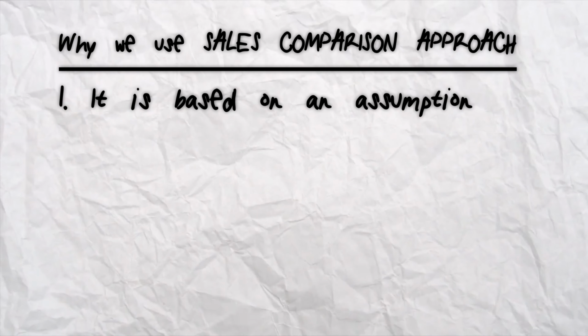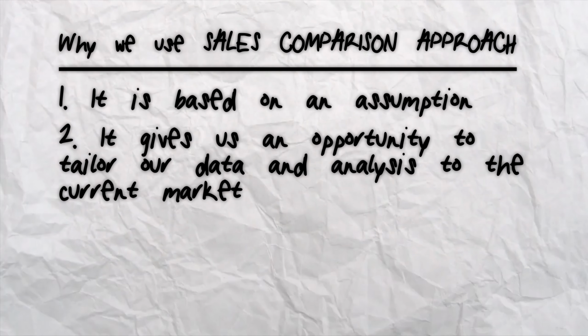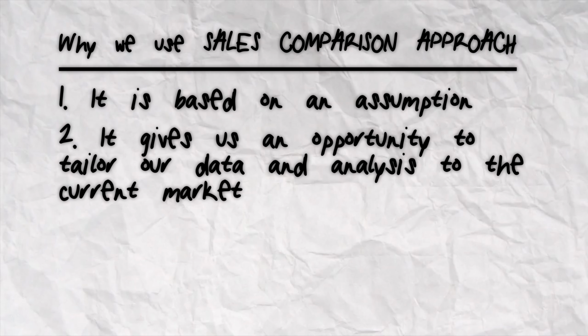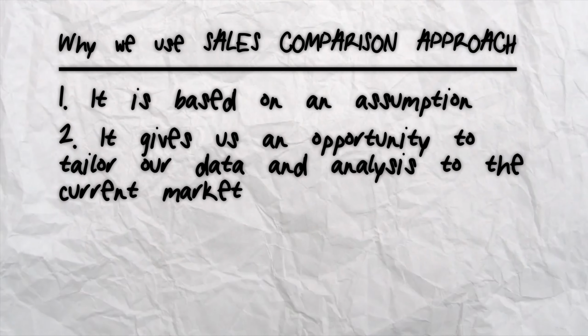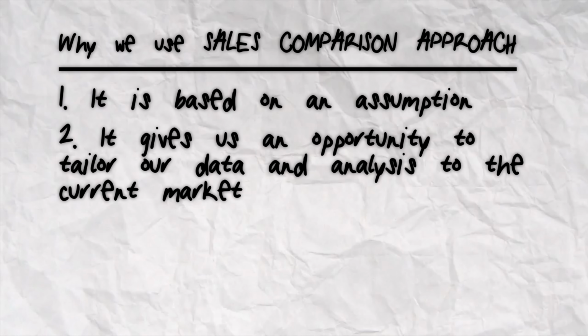By using the sales comparison approach, it gives us an opportunity to actually tailor our data and our analysis to what's going on in today's market. So for instance, if it were a year or so ago, during the very steep rise of the housing market, it would be a good way for us to value properties at that point in time.